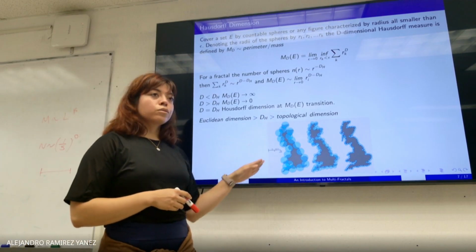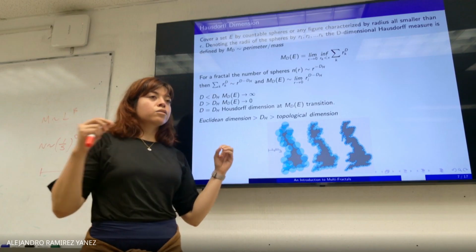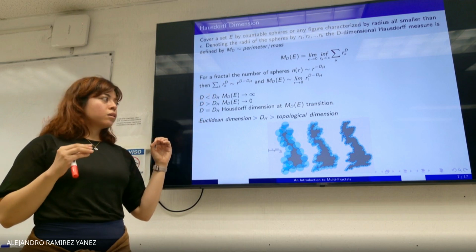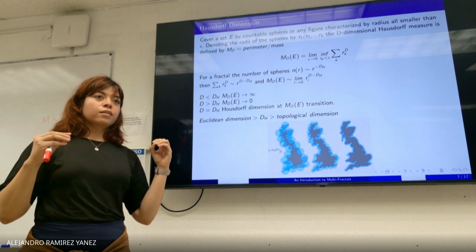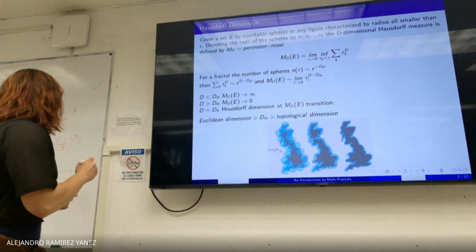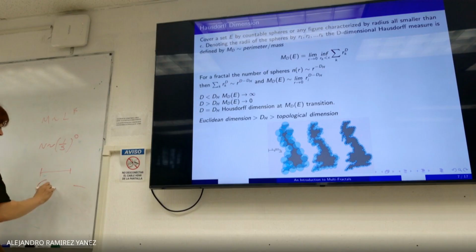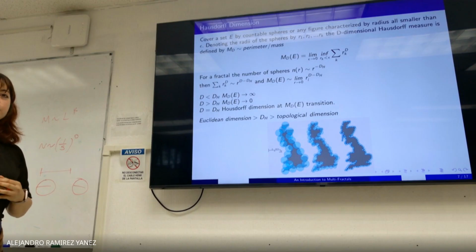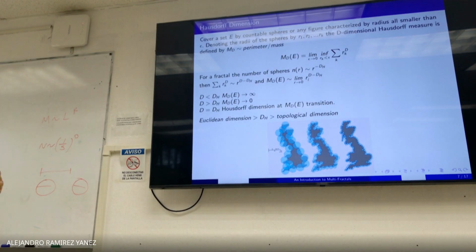You can apply the Hausdorff dimension to a discontinuous fractal because the criterion is just that you need to cover the fractal. Then if you have spaces, you just will do things like this. But the measurement blocks and the sum have to be discrete. The radius needs to be the minimum. Yes. Okay.